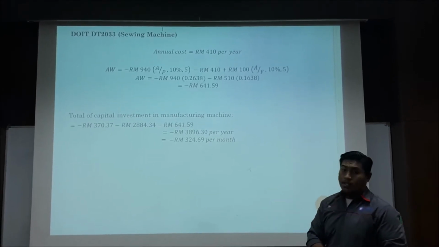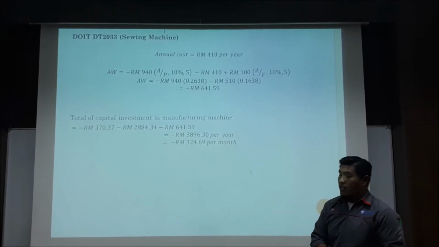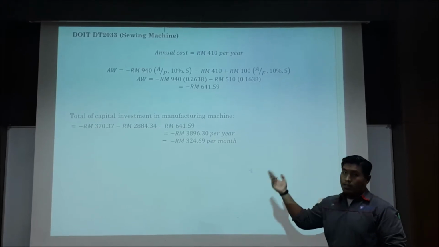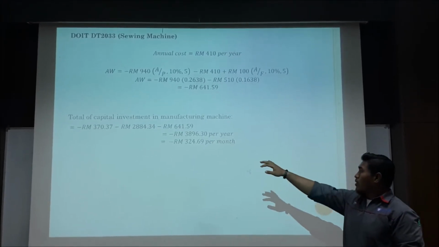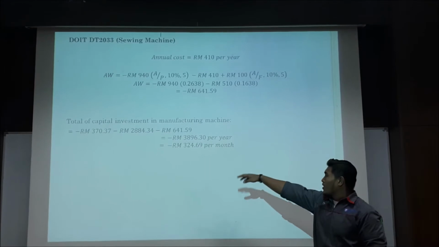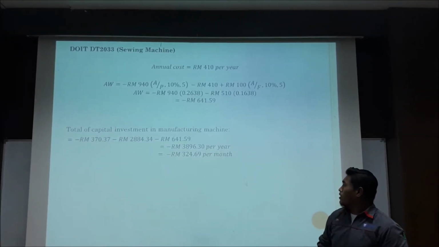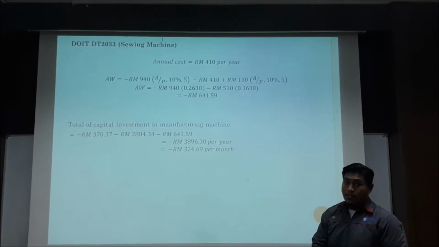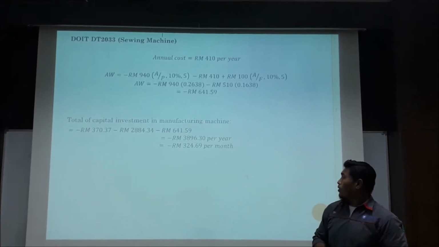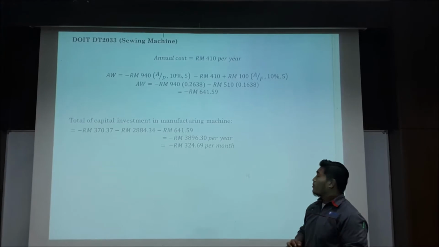The total capital investment in manufacturing machines is the total of the 3 machines. We can get the final answer: -3896.30 per year and -324.69 per month.